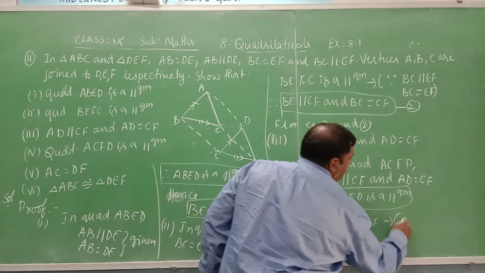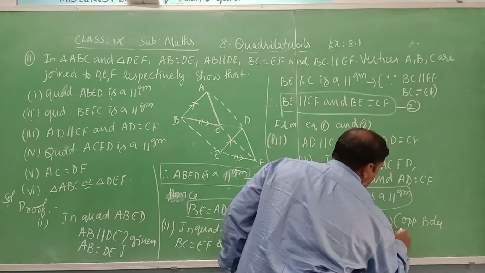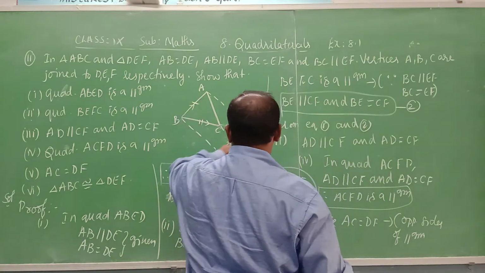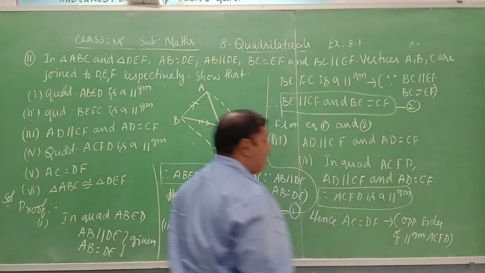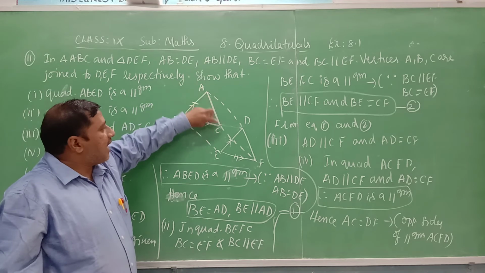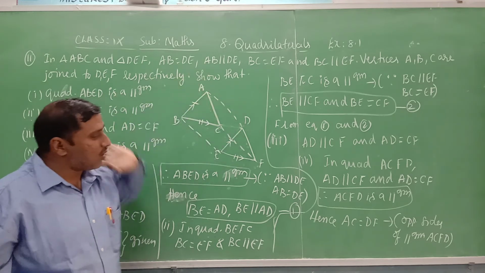These are opposite sides of parallelogram ACFD. So like this we can prove ACFD is a parallelogram and the opposite sides AC is equal to DF.